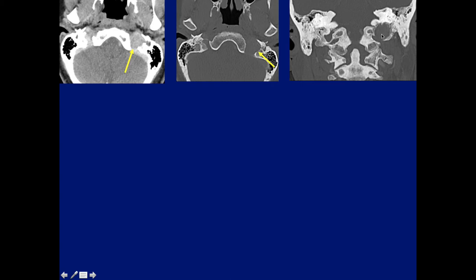Same thing here. Normal right jugular foramen. This is a coronal image I found from a CTA, and look at the marked expansion and enlargement of the jugular foramen.